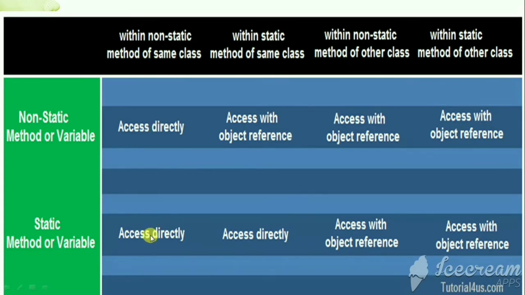Within a non-static method of another class, both are accessed with an object reference. Within a static method of another class, here also both are accessed with an object reference. So this is the accessibility of non-static and static methods.